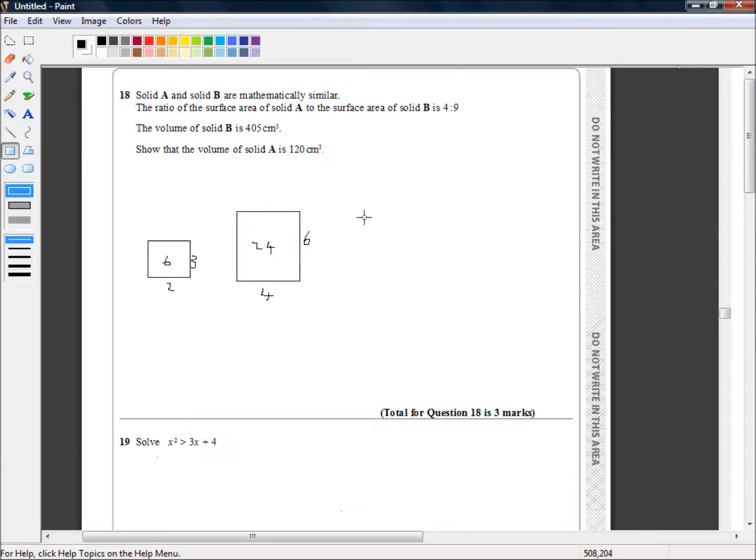Let's try and expand this now into the third dimension, and we'll look at a cube and we'll worry about the volumes. So let's say that this is a cube, or not a cube, a cuboid.